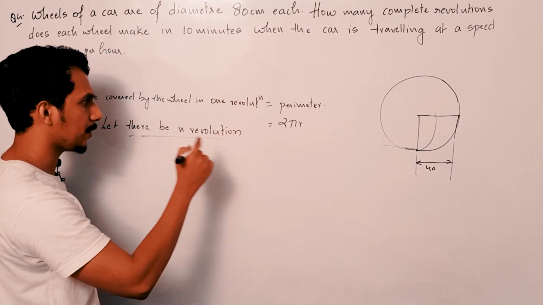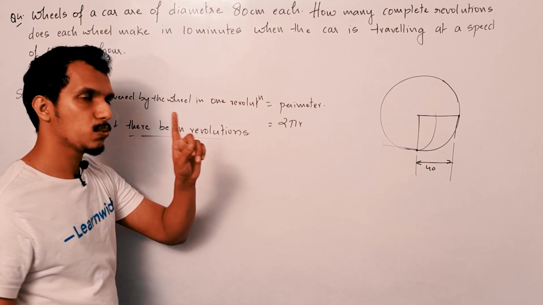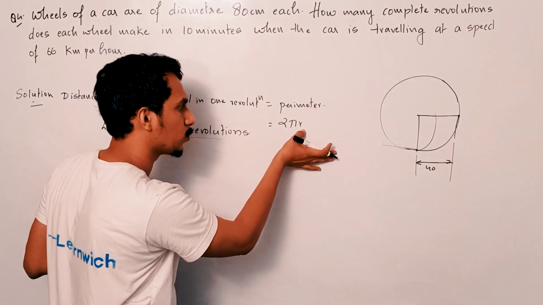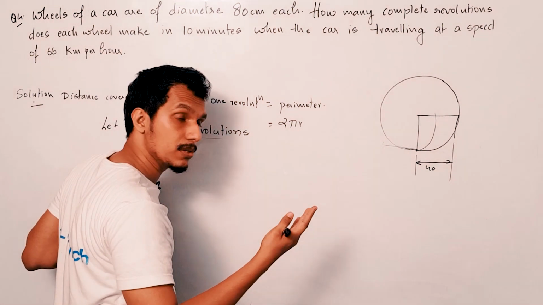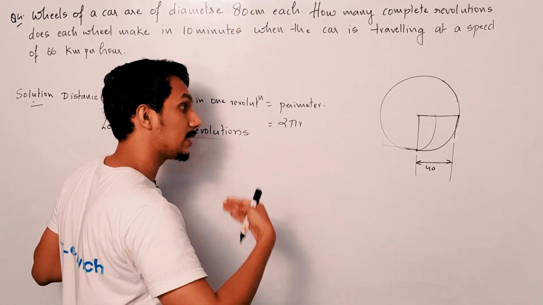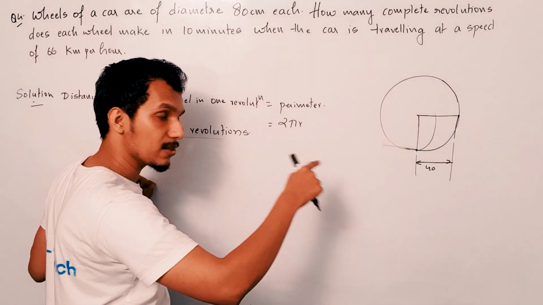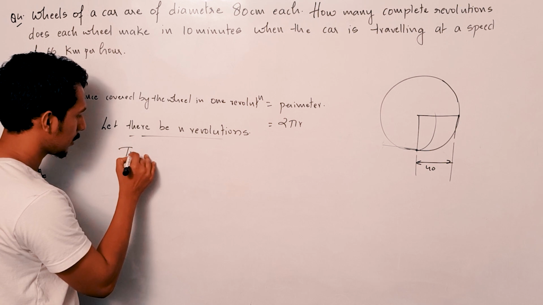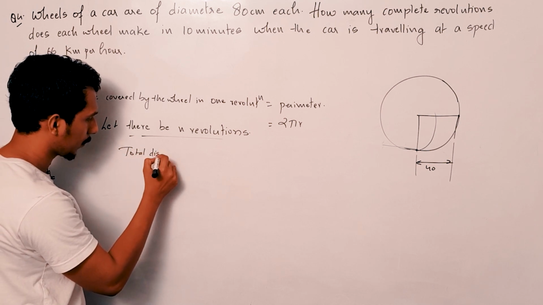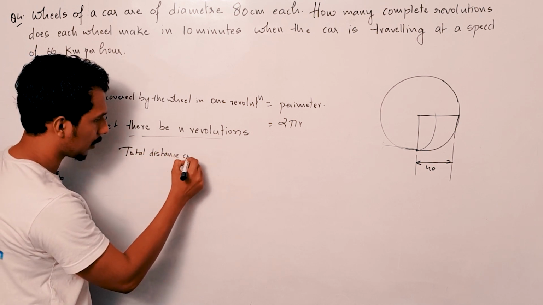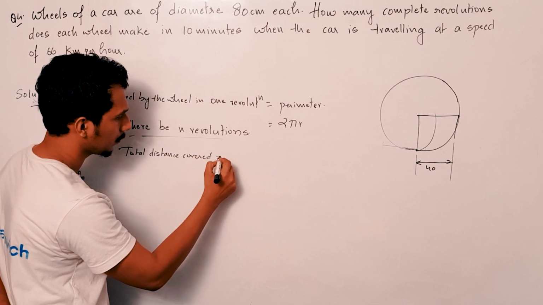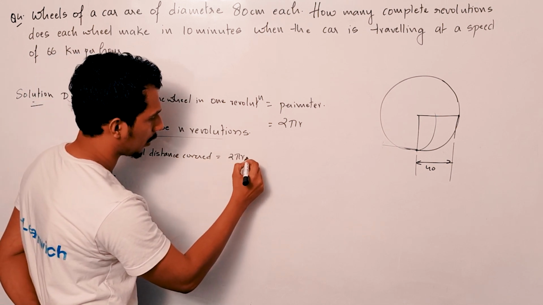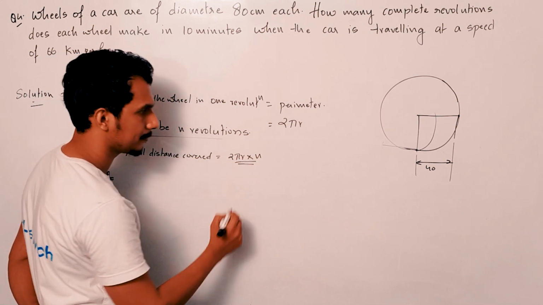If there is one revolution, the distance traveled by the wheel is 2 pi r. What if there are 2 revolutions? 2 pi r into 2. What if there are 3 revolutions? The total distance covered is 2 pi r into 3. Here there are n revolutions. So total distance covered is 2 pi r into n.